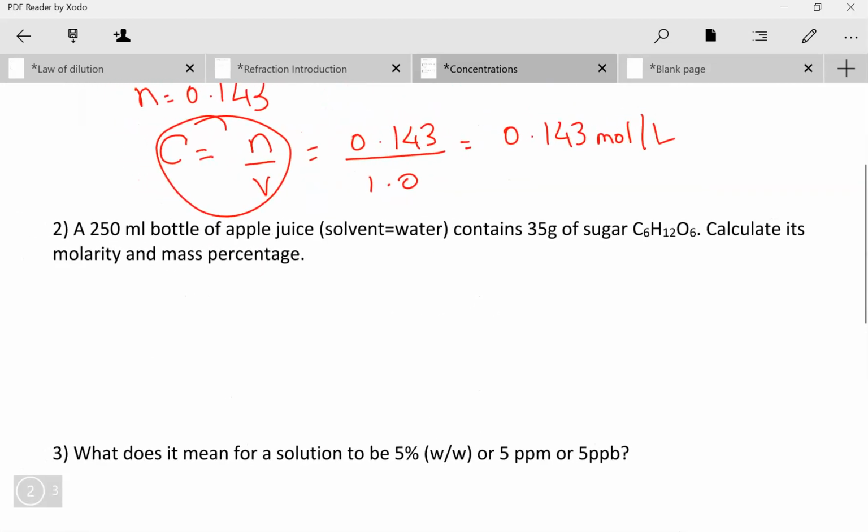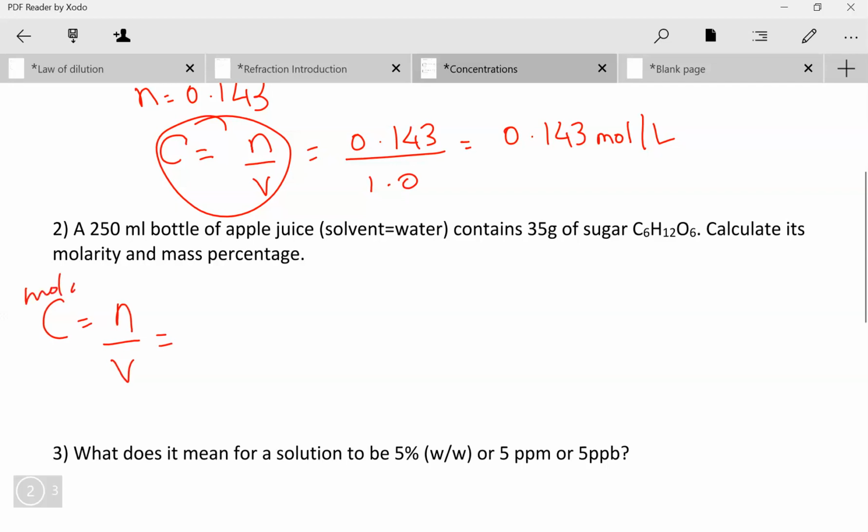A 250 milliliter bottle of apple juice contains 35 grams of sugar. Calculate molarity and mass percentage. So you can do this. First let's calculate molarity. Molarity is a bit difficult to calculate because my formula is N over V. That's to calculate molarity, right?